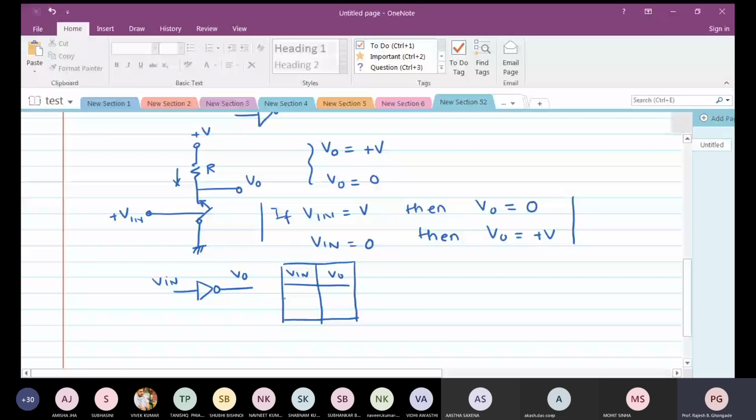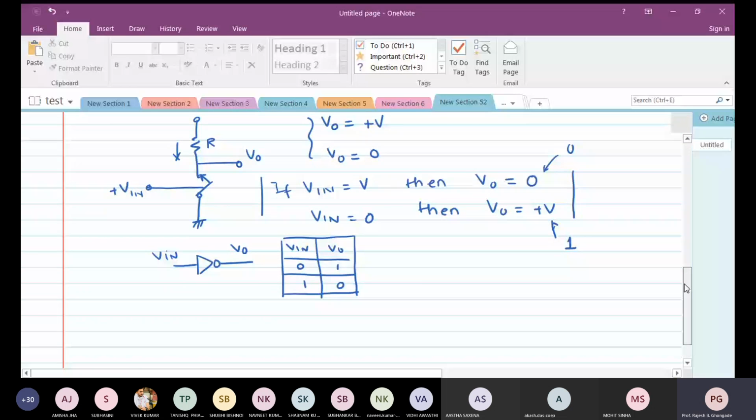So this is the truth table for the NOT gate. What we are getting is exactly the same thing. This V we are interpreting as 1, and this low voltage is interpreted as 0.